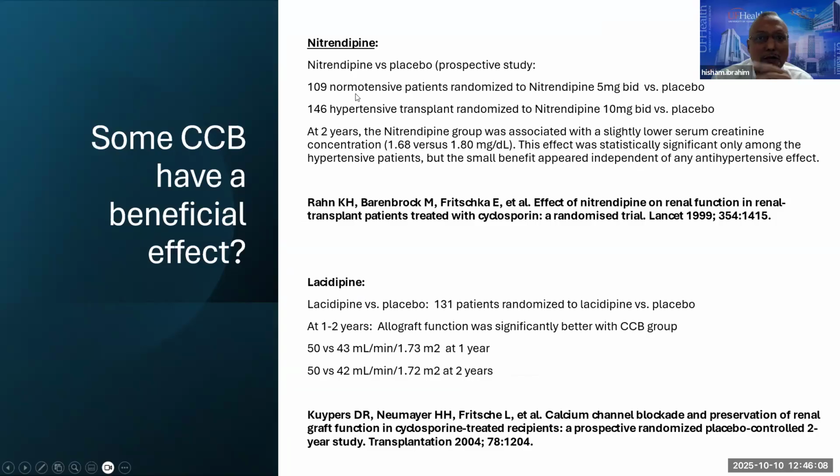Because they had to use different doses of nitrendipine: 10 milligrams BID in the hypertensive patients, and 5 milligrams BID in the normotensive groups. And they compared nitrendipine to placebo in both of these groups.